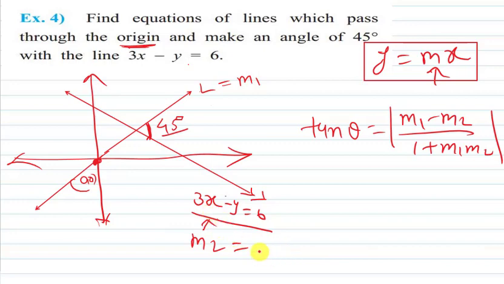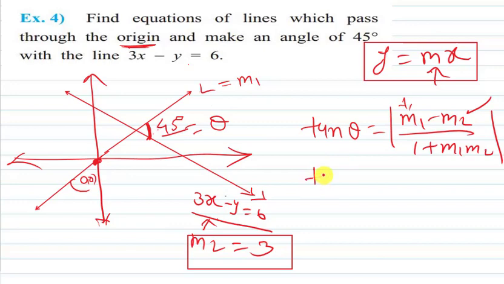So how to find the slope of this line? It will be 3. Just apply the previous step that we have seen. As I know m2, this will be my theta because this is the angle between these two lines, right? Just put the values, I will get m1.